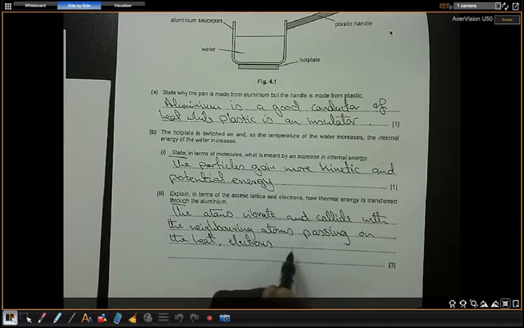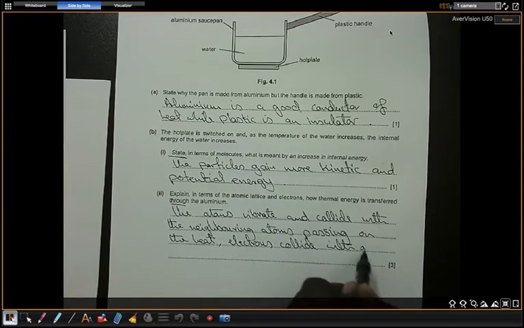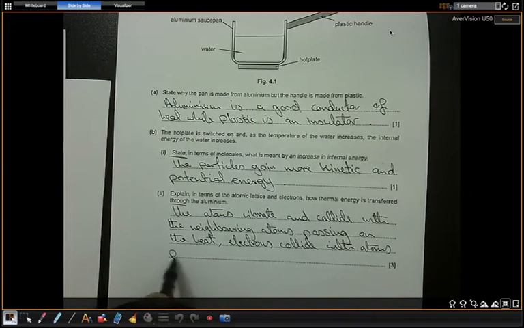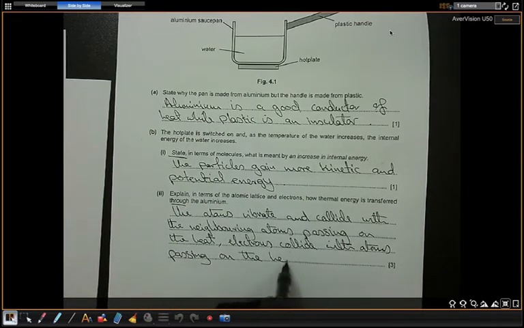Electrons collide with atoms, passing on the heat. So two things: free moving electrons and lattice vibration.